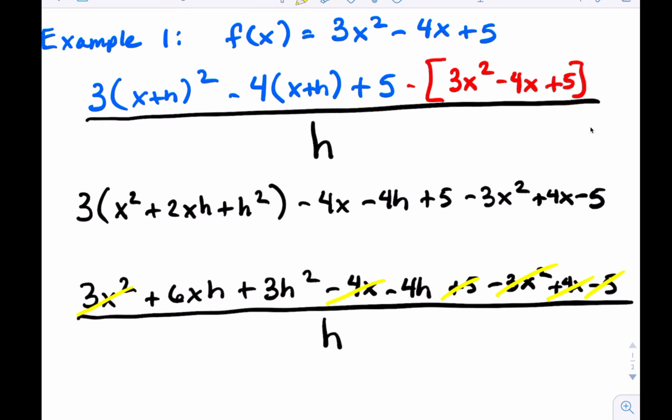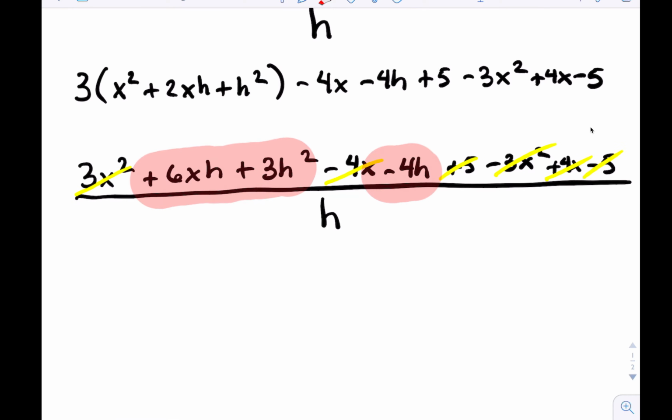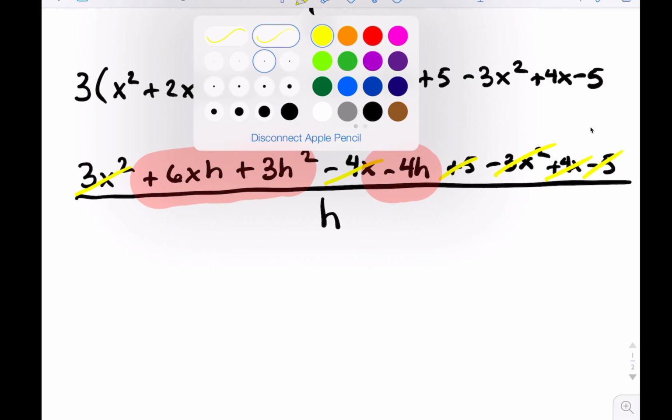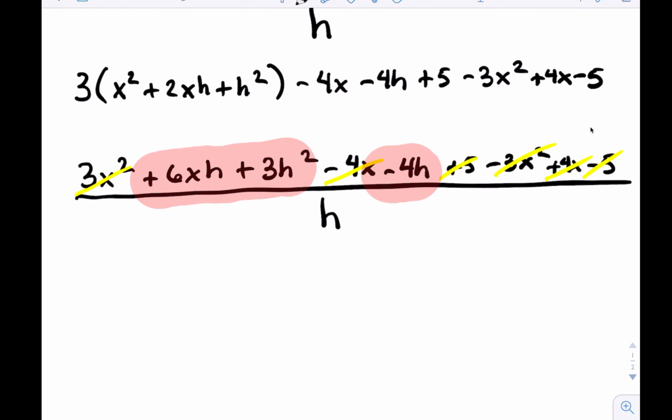If you do this properly, each of the terms you have left should have an h term with it, because you eventually want to factor and cancel something out. So you now have 6xh plus 3h squared minus 4h, divided by h.